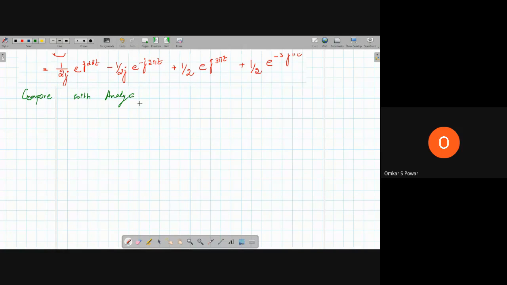So what is our analysis equation? x of t is equal to summation k varies from minus infinity to infinity x of k e power j k omega naught t. So how did we do the last sum? Similarly, we have to do this particular sum.